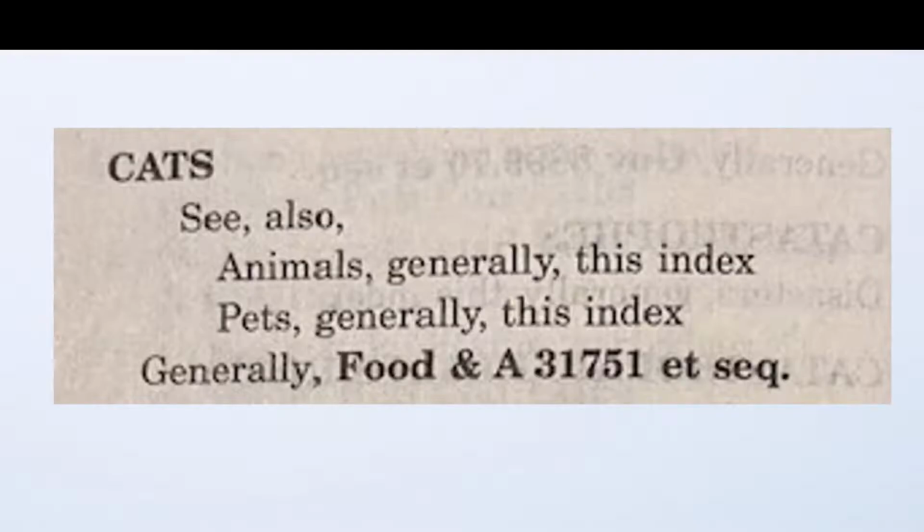So it's referring to the section numbers that follow 31,751. So for example, this information that it's referring you to may be in 31,751 all the way to 31,775. So it's referring to 31,751 and then other sections afterwards.